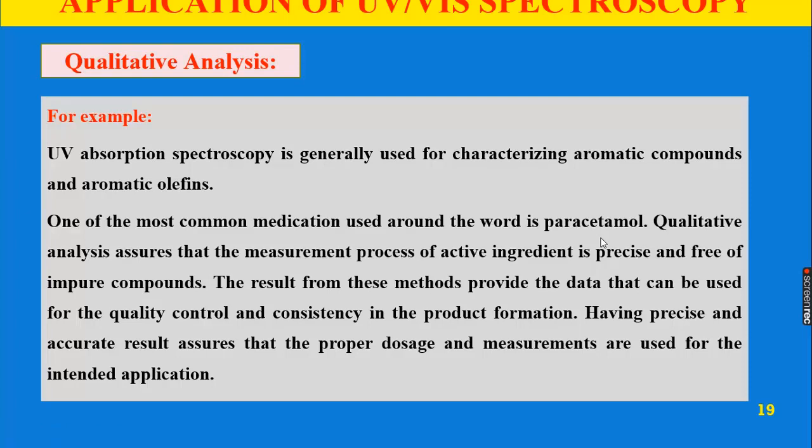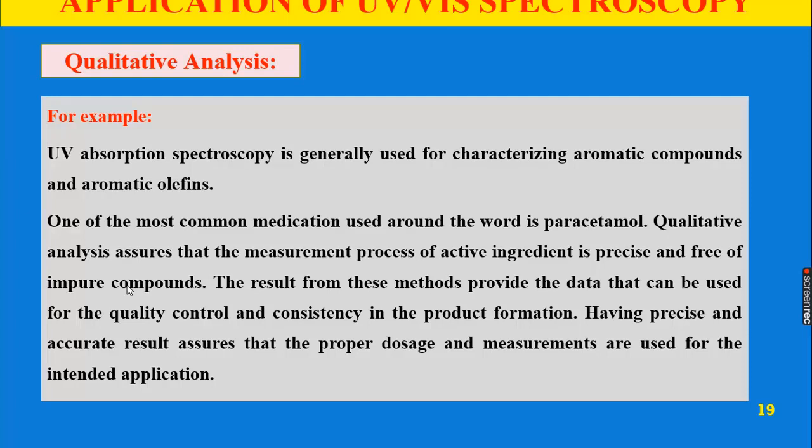Quantitative analysis shows the measurement of the active ingredient precisely and free of impure compound. First we take a standard of paracetamol and run its spectra, and after that we take a tablet from which we determine whether the paracetamol is pure or impure. If its spectra match with the pure substance, then we can say that our paracetamol sample is pure.